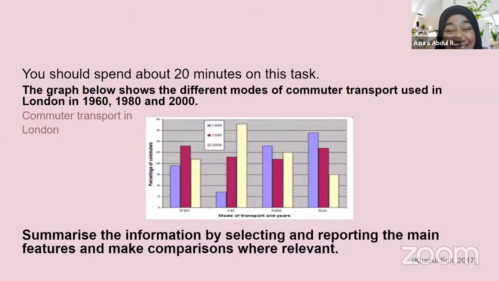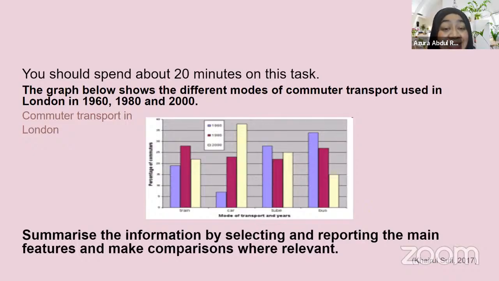In 1980, okay. I didn't see the number. You can start with 1960, nothing wrong with that.